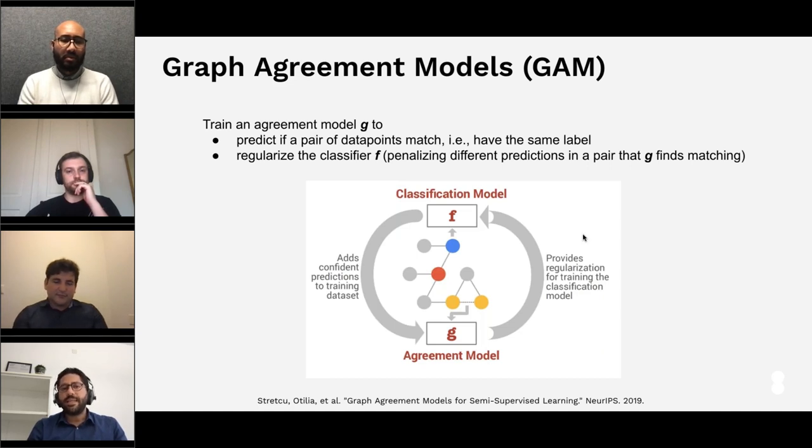You can train this model like that, and at the same time, you can use this model as a regularizer for your classifier, let's call it F, by penalizing different predictions if a pair is predicted by G to have the same label. So if you look at the picture in the bottom, classifier F adds confident predictions to your label set, and then the agreement model regularizes F so it doesn't overfit.